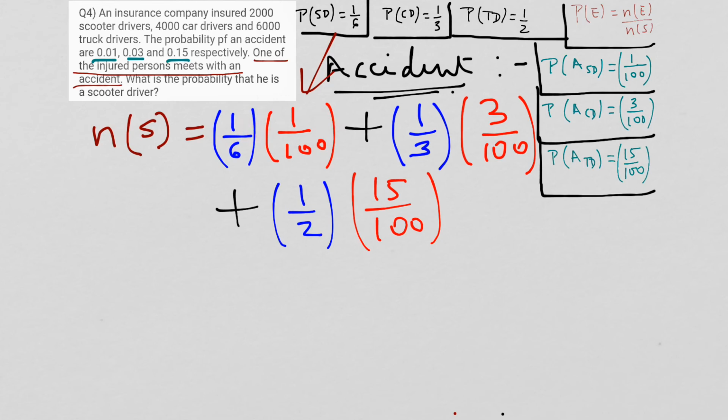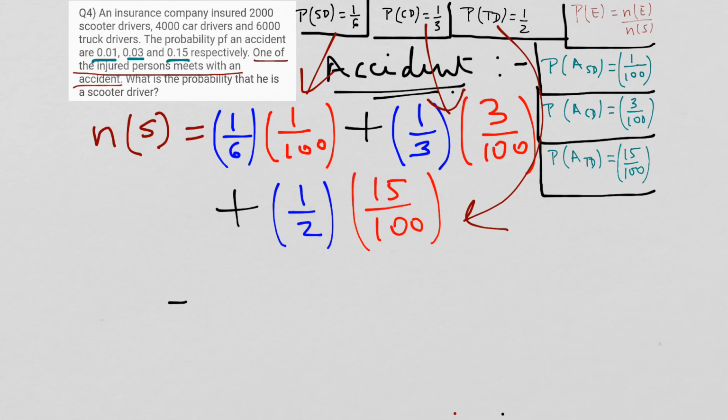This one is for the car driver and him having met with an accident. Whereas the last one is for selecting a truck driver and him meeting with an accident.